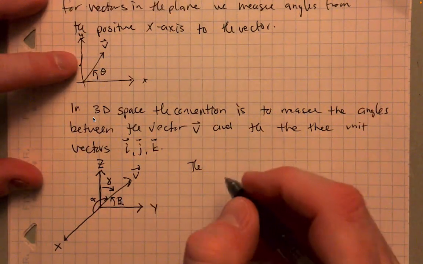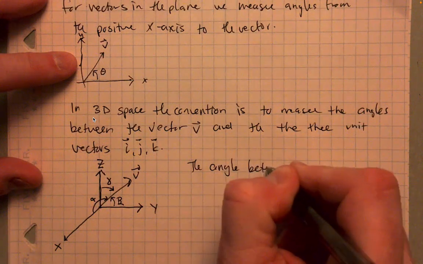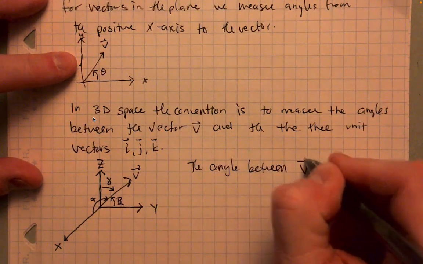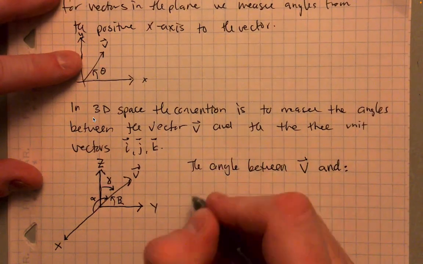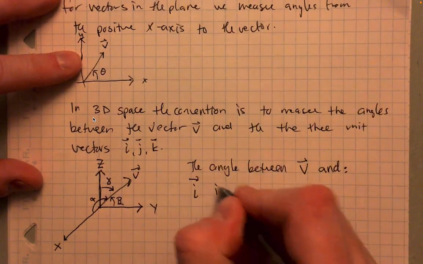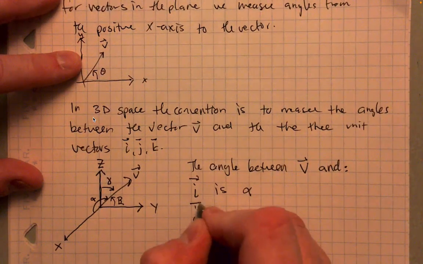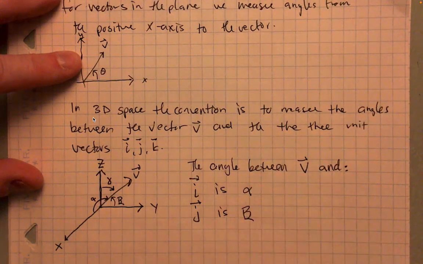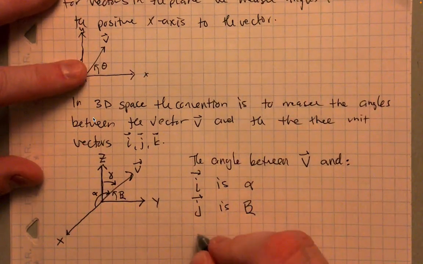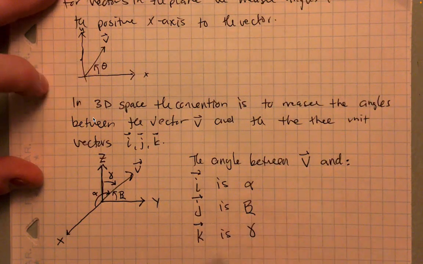So the angle between v and i is alpha, v and j is beta, and v and k is gamma.